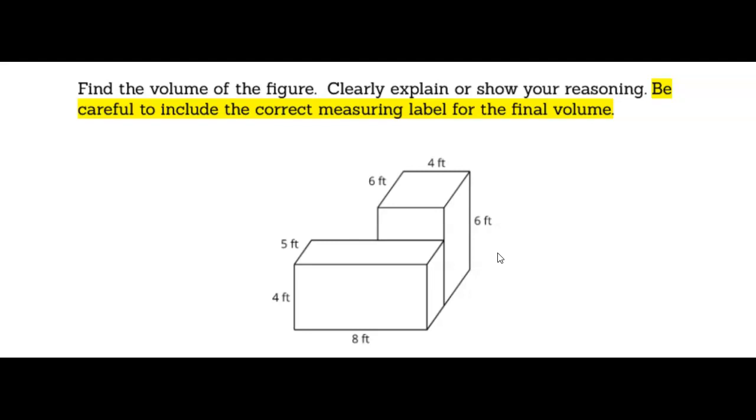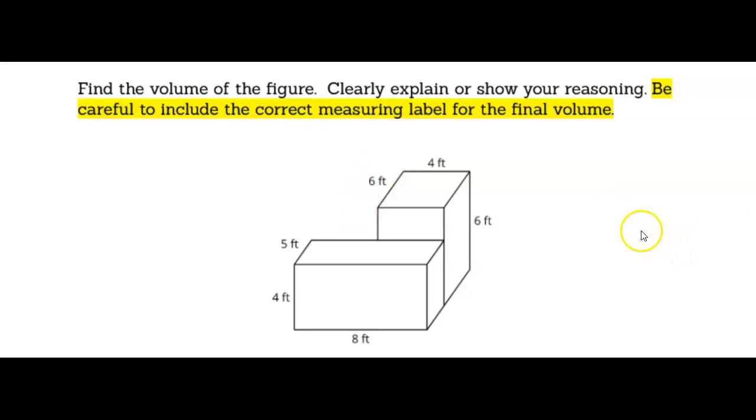Okay? So, we have obviously two rectangular prisms here. They're put together. Okay? One of them has a length of 8, a width of 4, a height of 5, or if you want to say it's 8 times 5 times 4, that's fine. However you want to break it down is your thing. Okay? The dimensions are 6 by 4 by 6.